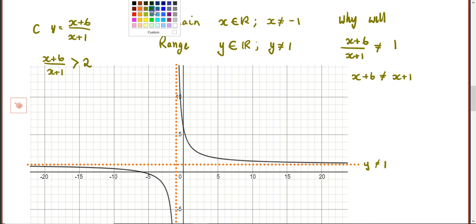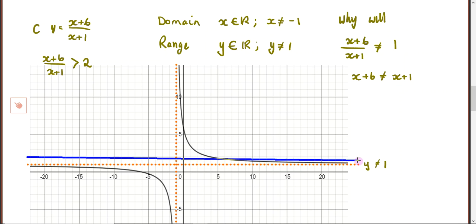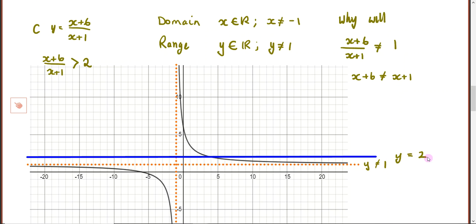Y is equal to 2. So let me put another line across here, and that's going to be my y equals 2 line. Now I want to know where x plus 6 divided by x plus 1 is greater than 2. So I'm obviously looking at this point here.